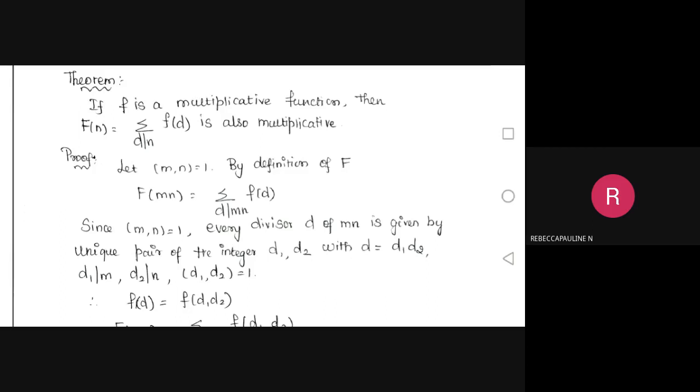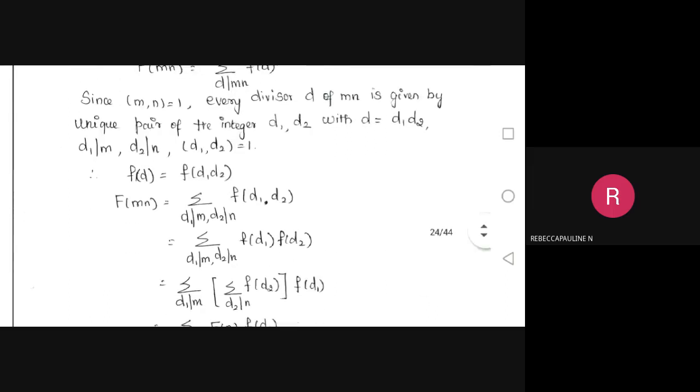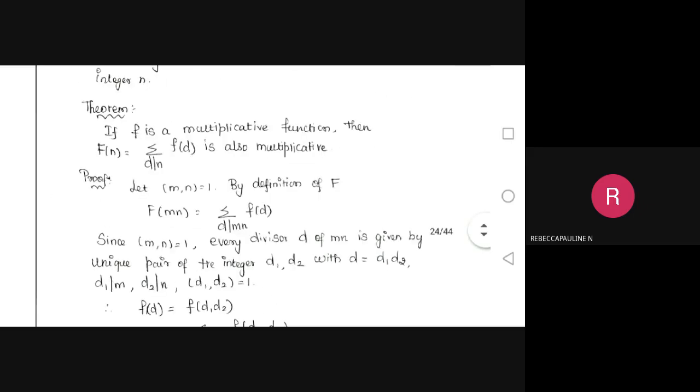Multiplicative function means capital F of mn is equal to capital F of m into capital F of n, which is the definition of a multiplicative function. So capital F is satisfying the definition of multiplicative. Therefore capital F of n is a multiplicative function.